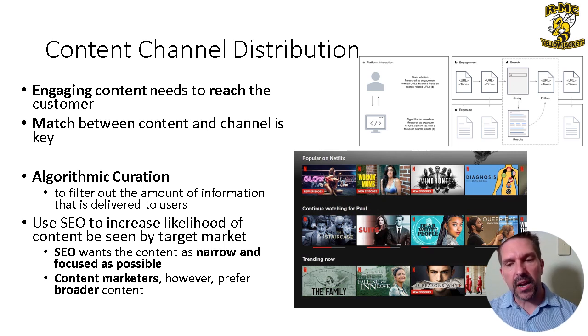Now, from a simplistic perspective, let's pick maybe a smaller problem that everybody can relate to instead of talking about a social media platform like Facebook. What about how Netflix interacts with customers, right?